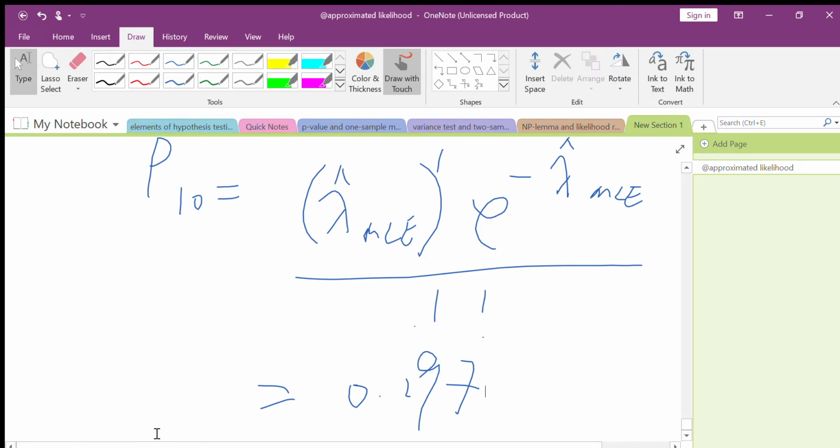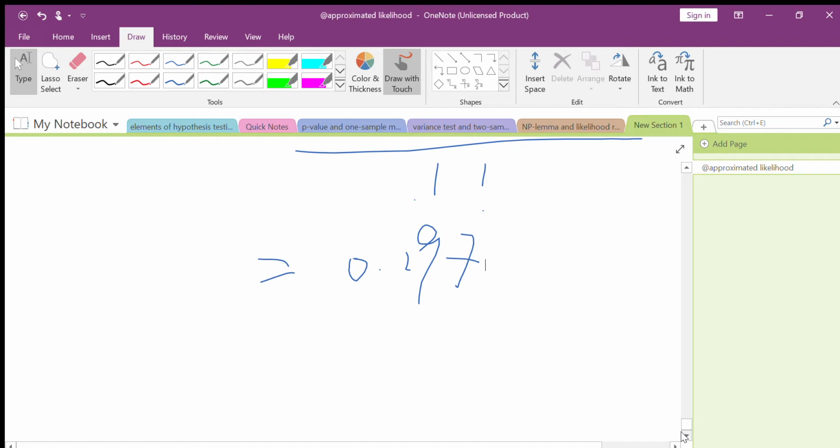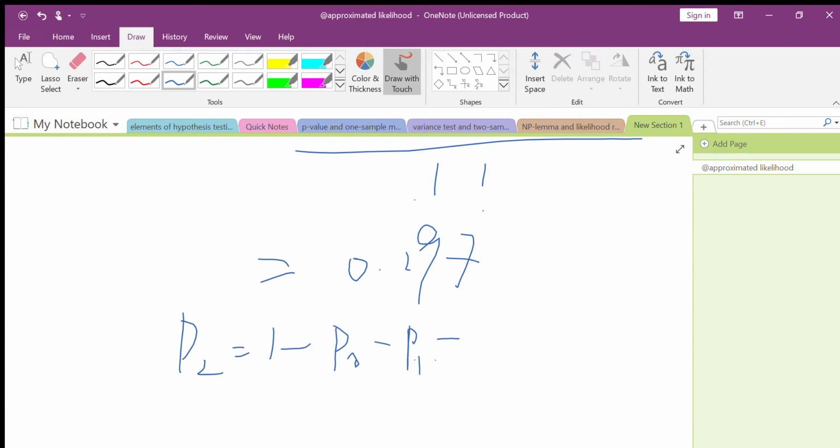And for P2, because we have the constraint that P0 plus P1 plus P2 is 1, P2 is 1 minus P0 minus P1, which is 0.084.